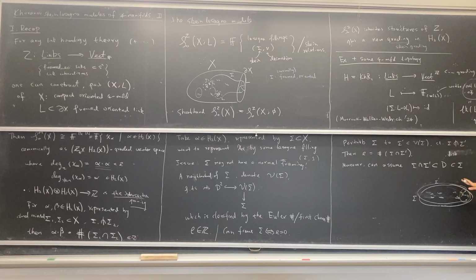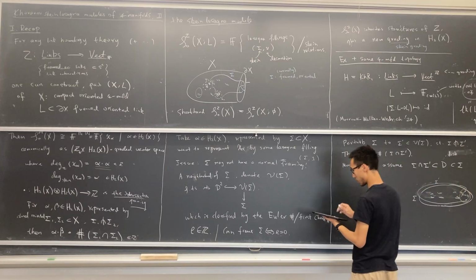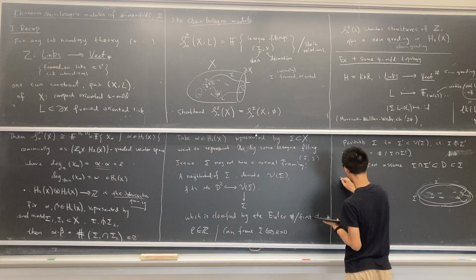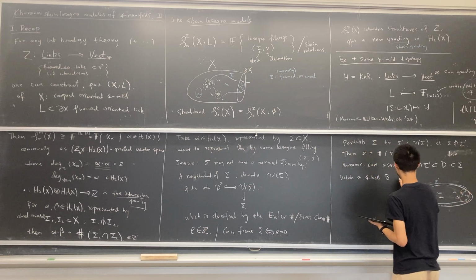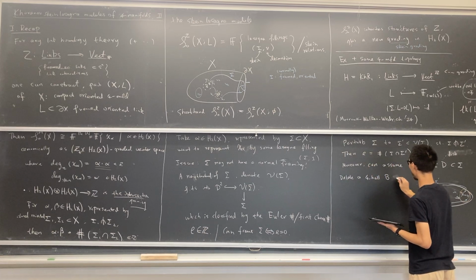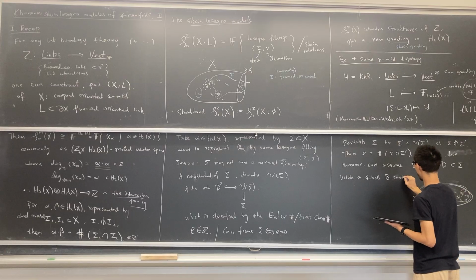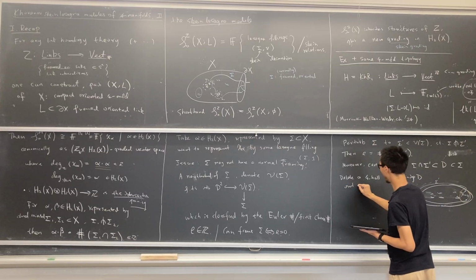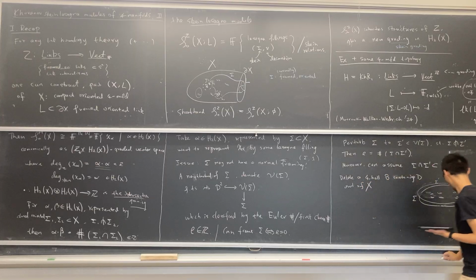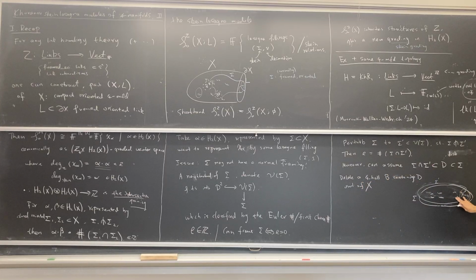Now that all the intersections are contained in a local region, what we can do is delete a four-ball B containing D out of X. So this four-ball, if you like, is just something like that.